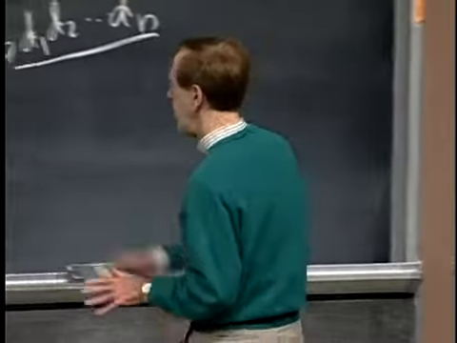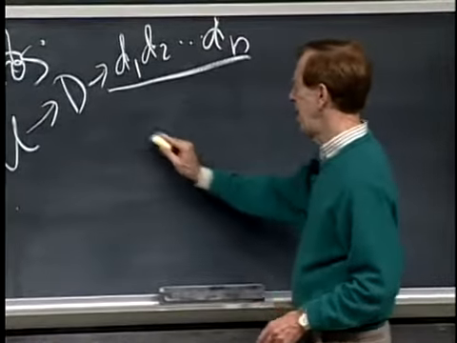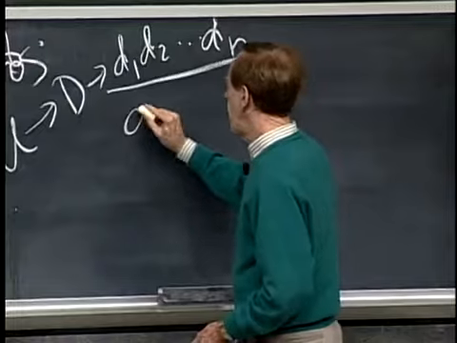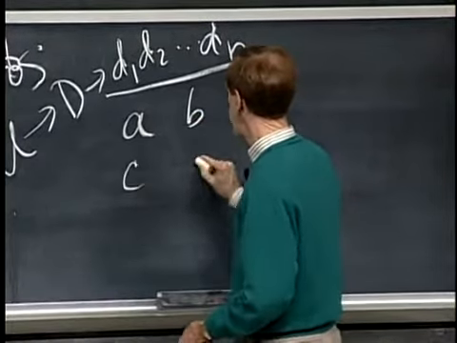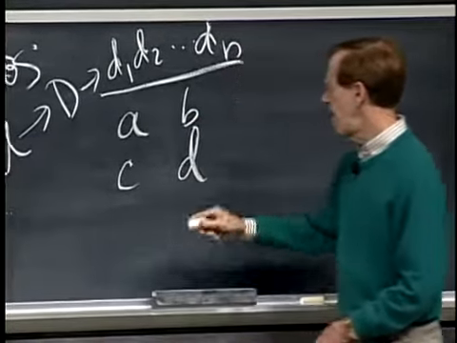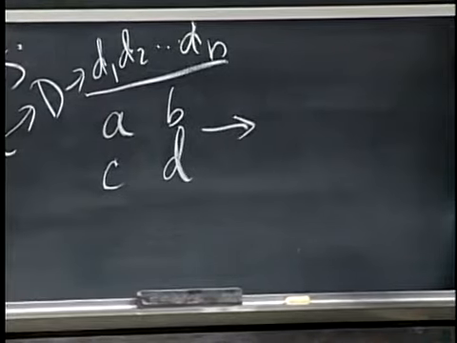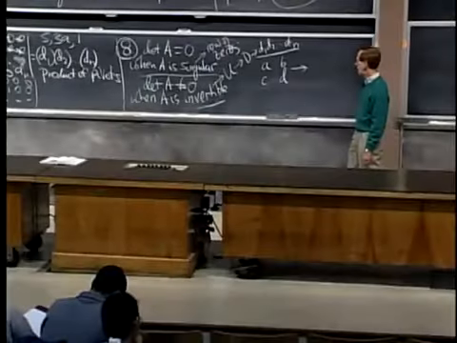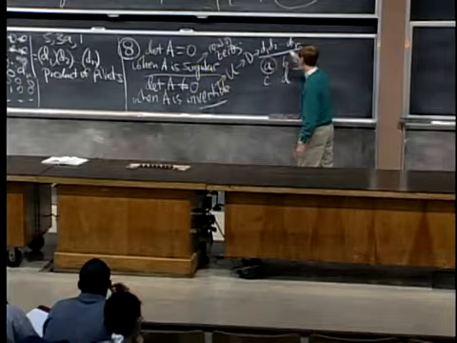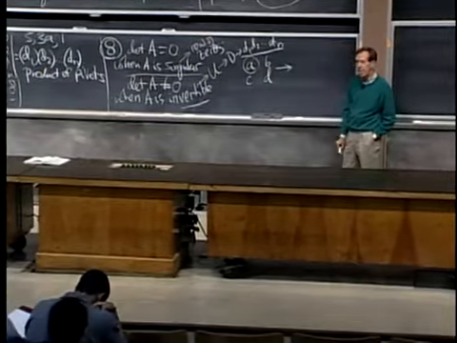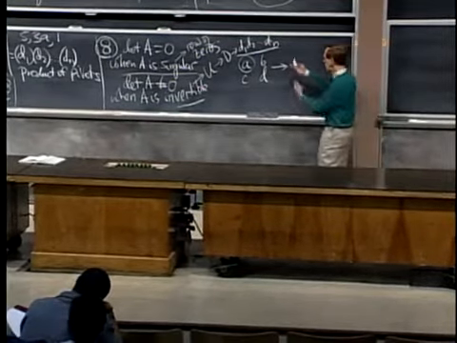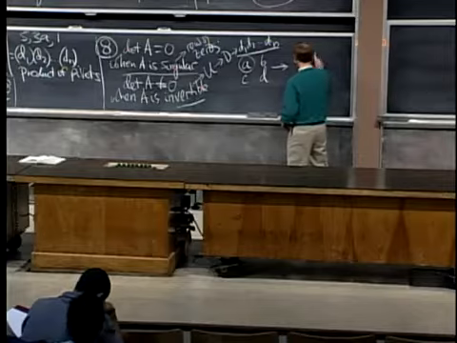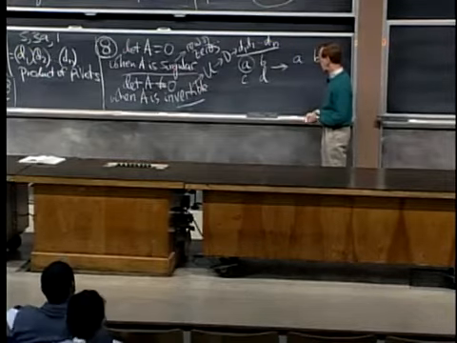Is it correct? Let's just check that. 2 by 2. What are the pivots of a 2 by 2 matrix? What does elimination do with that 2 by 2 matrix? There's the first pivot, fine. What's the second pivot? We subtract, putting it in its upper triangular form.